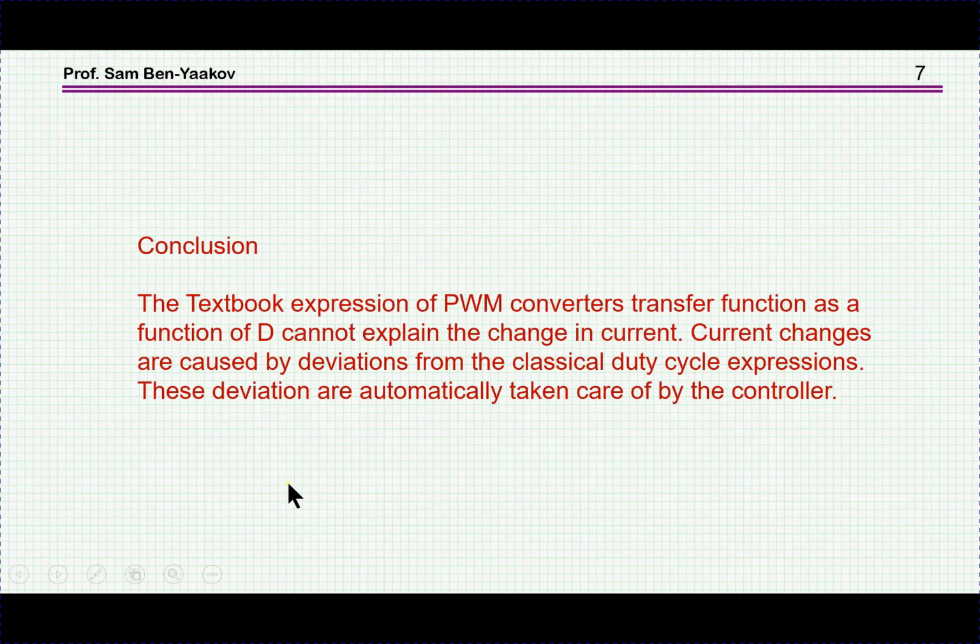And the conclusion was that the textbook expression of PWM converter transfer functions really does not explain the change in current, and the current changes are caused by deviation from the classical duty cycle expressions. And these deviations are automatically taken care of by the controller. So this was the content of the previous video.